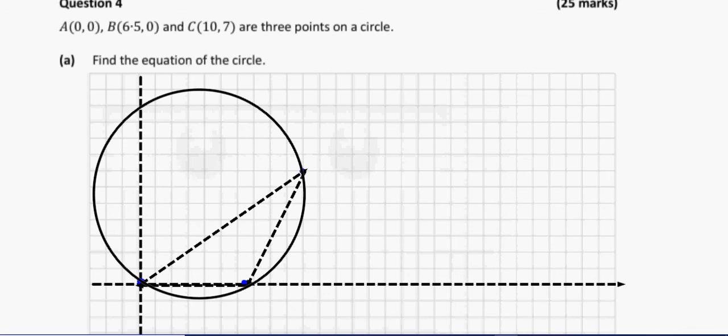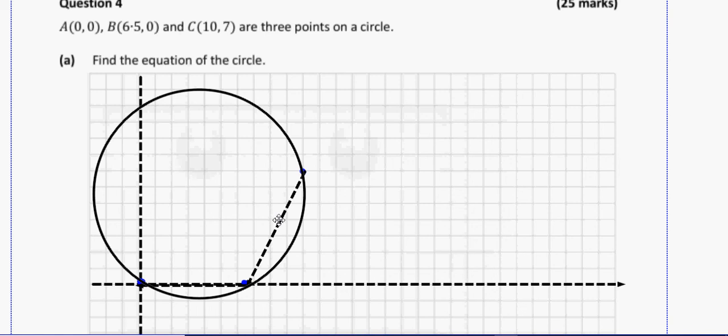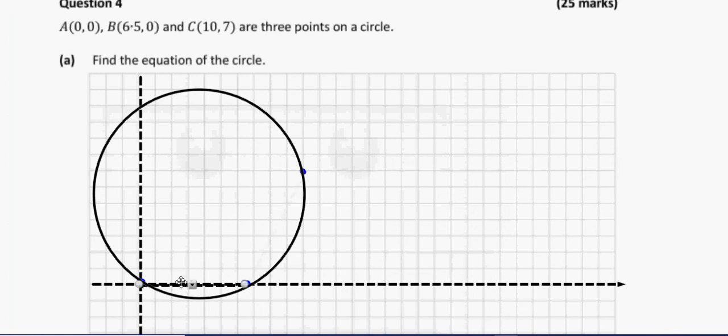Now, I'm not going to do the geometry approach today, but I'll nonetheless explain how you could do it, whichever way you want. This is A, this is B, and this is C. And the center of the circle is somewhere in this region here.